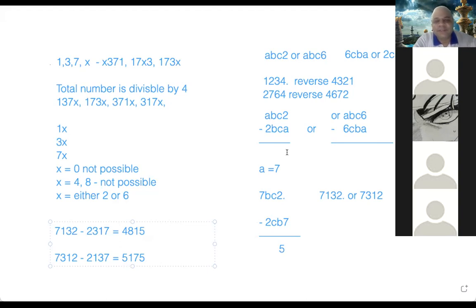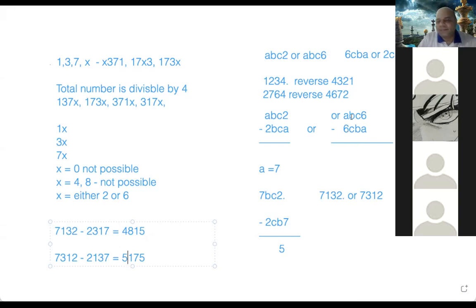The difference between the car number and its reverse is 4635. I think there is a small mistake in the question, but you got the logic. I think it is the other way around. It had a lot of carryover. I think they have given the difference wrongly.